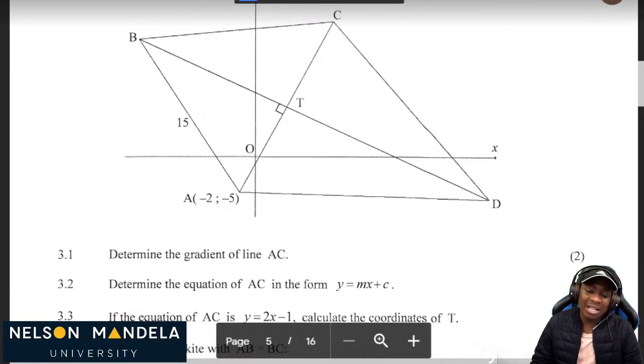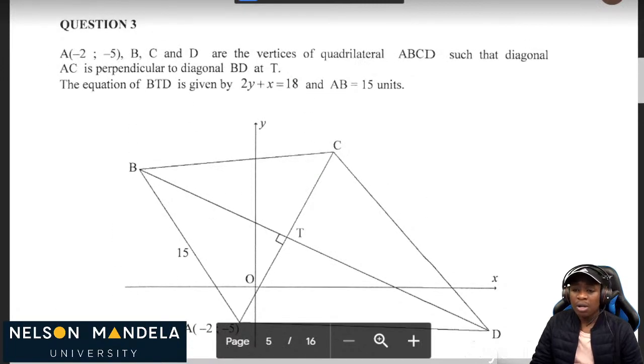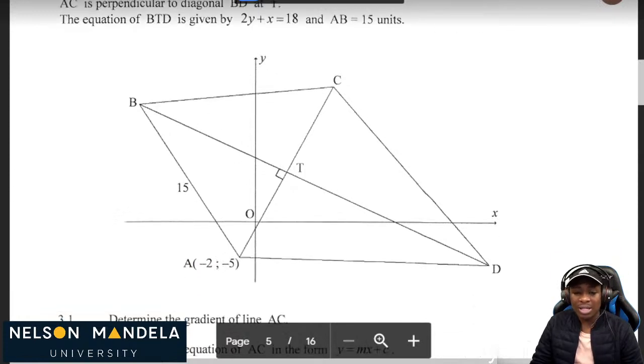That automatically means that the gradient of AC times the gradient of BD is equal to -1. Always. The moment you hear that these two lines are perpendicular to each other, let it ring in your mind that there is a perpendicular bisector. Now, AC is perpendicular to the diagonal BD at T. T is the midpoint, and it is also the intersection of both BD and AC.